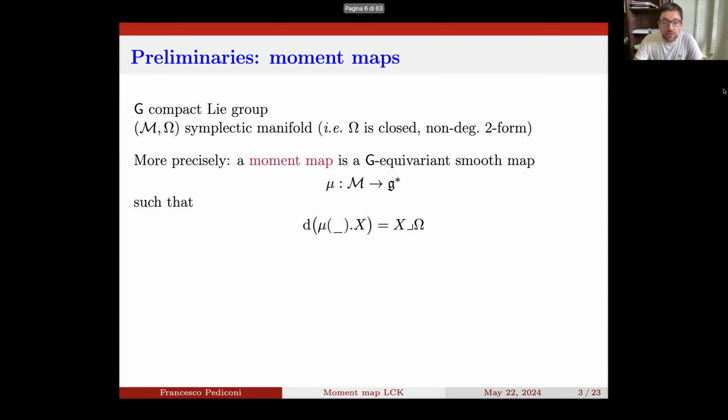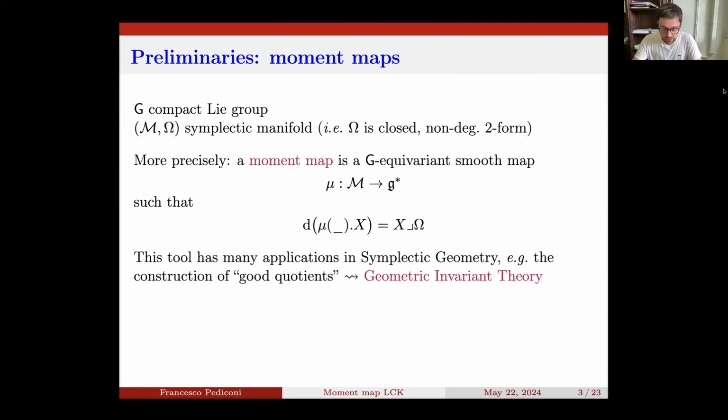So in order to be a bit more precise, a moment map is going to be G-equivariant, smooth, and go from M to the dual of the Lie algebra of G, and it is going to satisfy a certain equation, so that when you contract mu with a vector X and you take the differential, it is the one-form X contracted with omega. Okay, this is just the definition of a moment map.